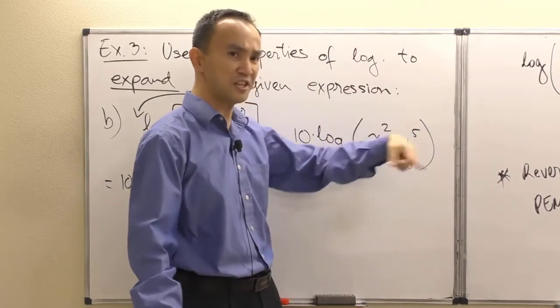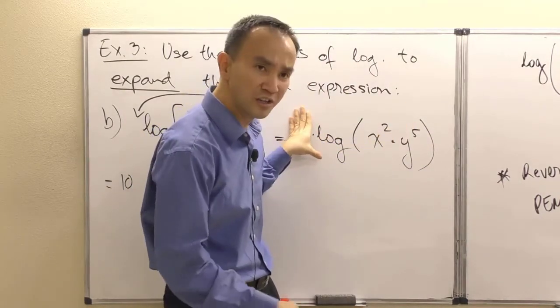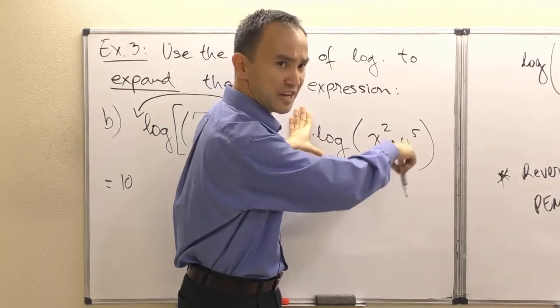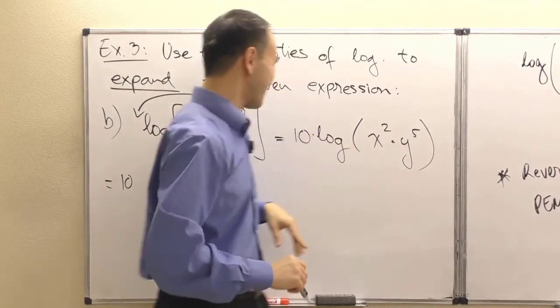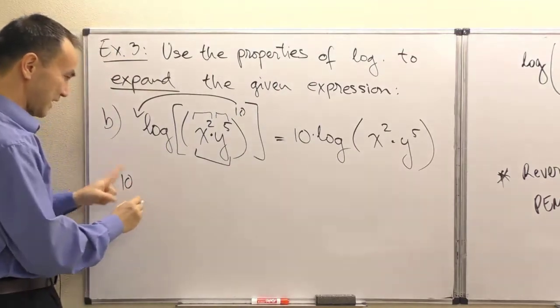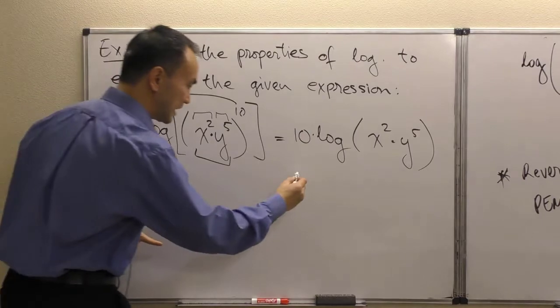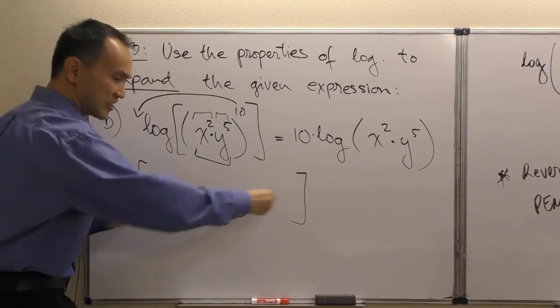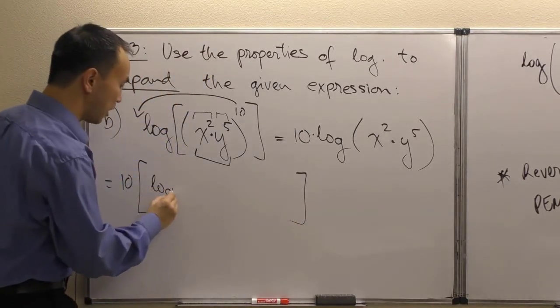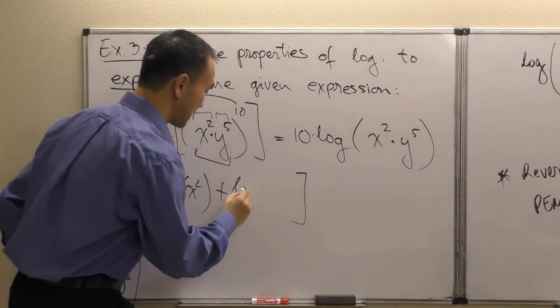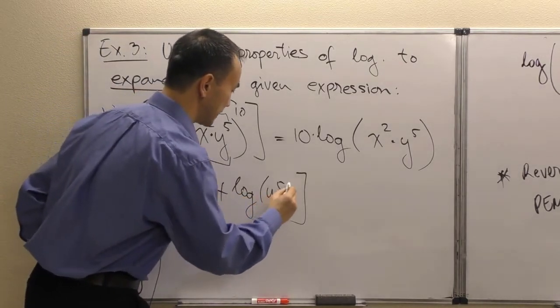So now reversing PEMDAS, we have to apply a rule that breaks down the multiplication here first. That's the reason why we have 10 multiplied with a parentheses here, and this space is ready for two terms: log base 10 of x squared plus log base 10 of y to the 5th.